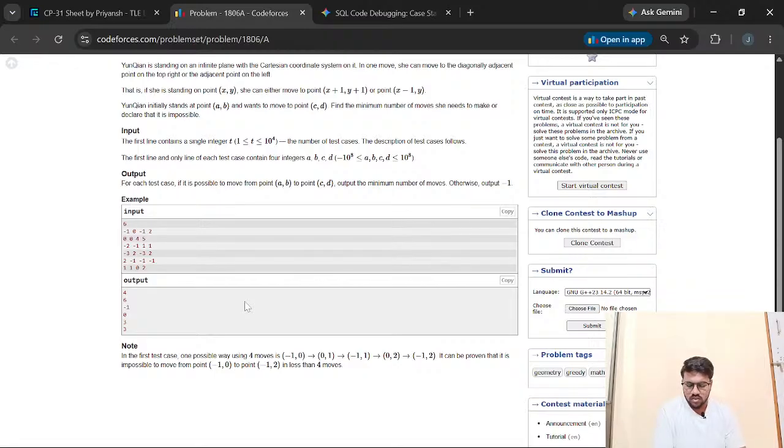So x increases by 2, if y moves by 1, x increases by 2.